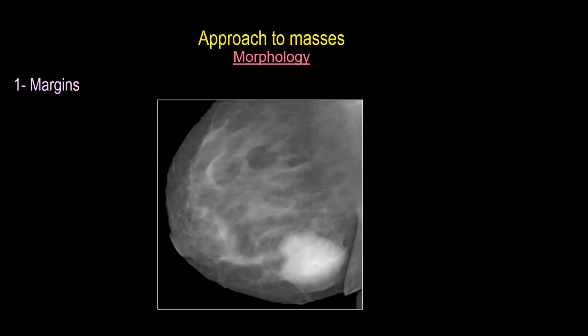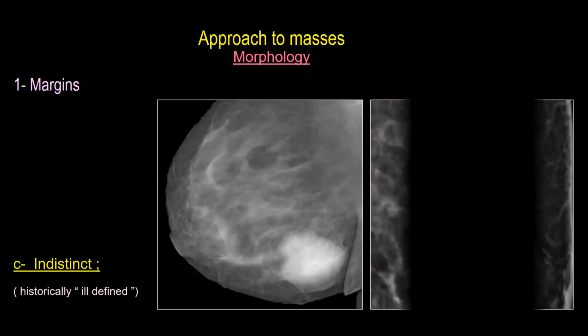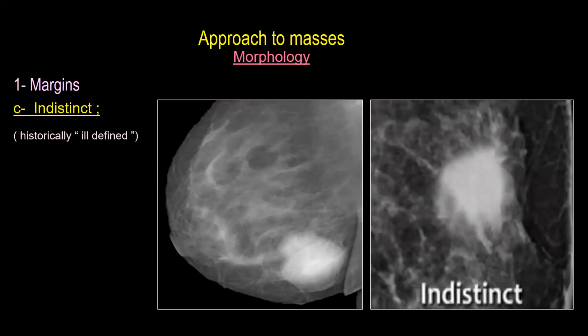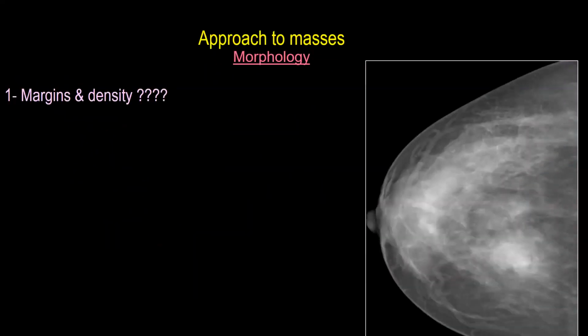Which one? Indistinct. Excellent. Yes, it is an indistinct margin, because of the surrounding edema and the margin is not clear. Okay, and there is breast edema.